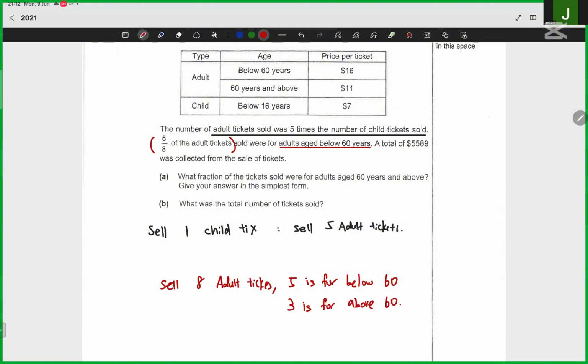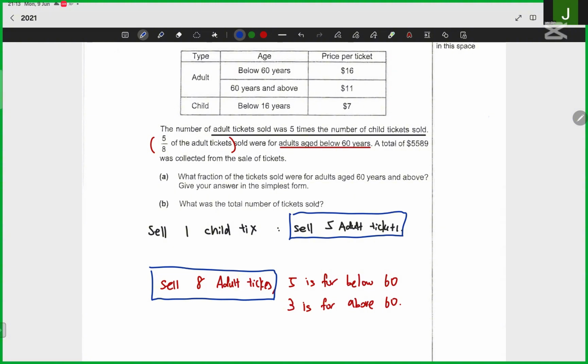Now the thing is there's contradicting information. Here it says if I sell 5 adult tickets, I must sell 8. Then here it says I sell 8 adult tickets. There is no common number between them at the moment. So what do I need to do? Make sure that there's a common number between them.